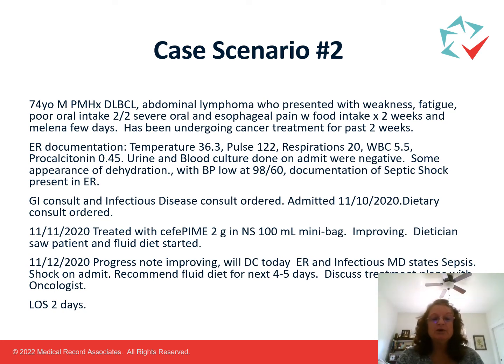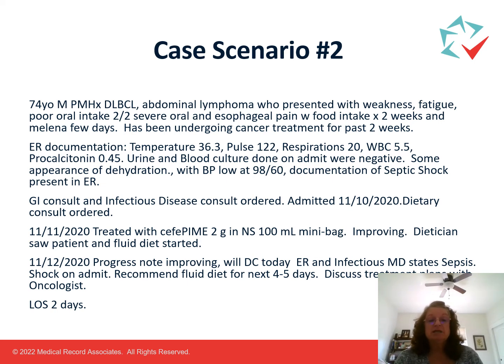We have a 74-year-old with DLBCL, abdominal lymphoma, who presented with weakness, fatigue, and poor oral intake secondary to severe oral and esophageal pain with food intake for 2 weeks, and melena for a few days.